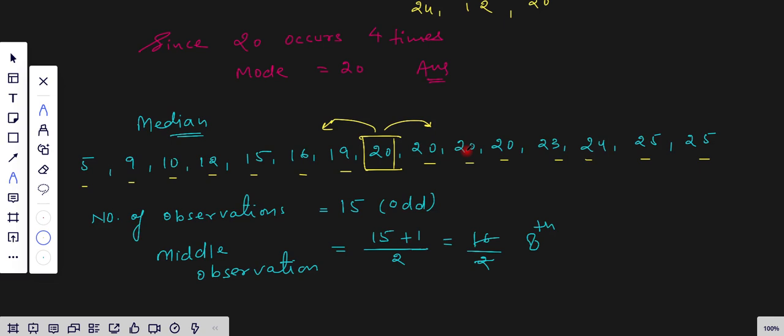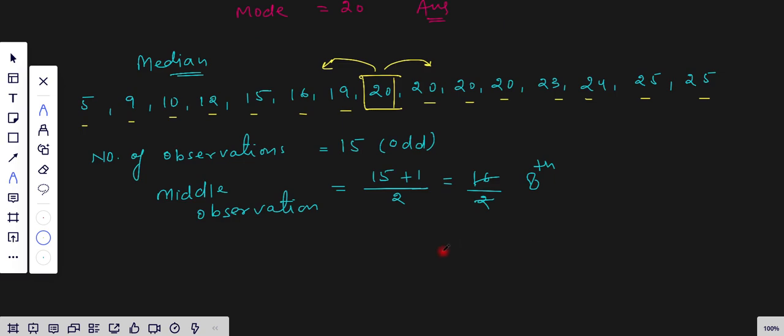So in this case the middle observation is the 8th, and the value at the 8th position is 20. So you will write: the median of these observations is equal to 20.